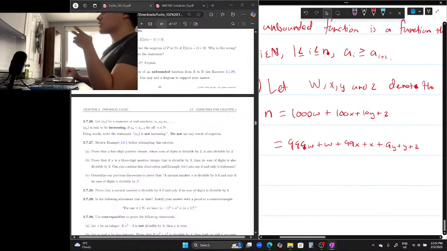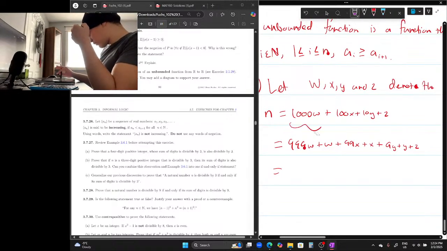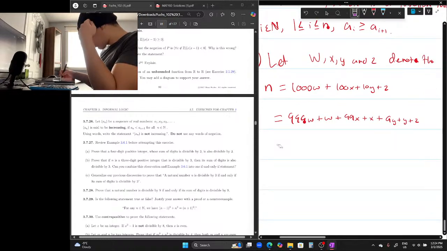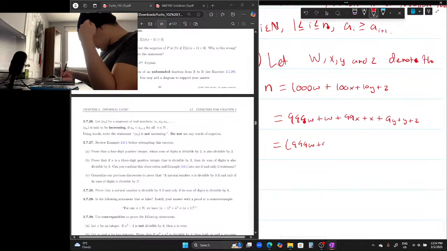So again, taking the same value, we just rewrote the sums as more like their original parts. So now we can regroup them: 999w plus 99x plus 9y plus, we'll leave z.